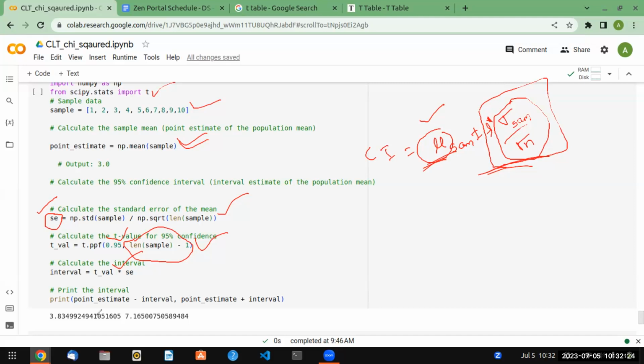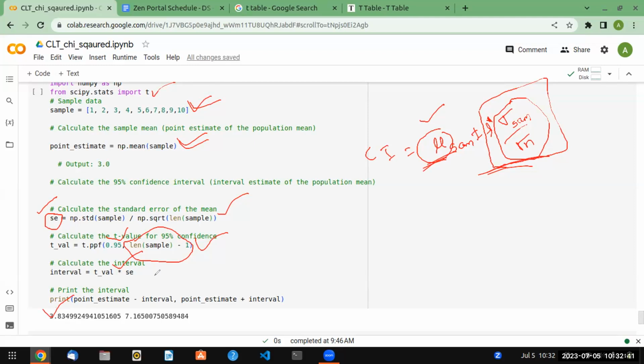So now I can say the population mean from where I got the sample falls between 3.83 and 7.16 with 95% confidence.